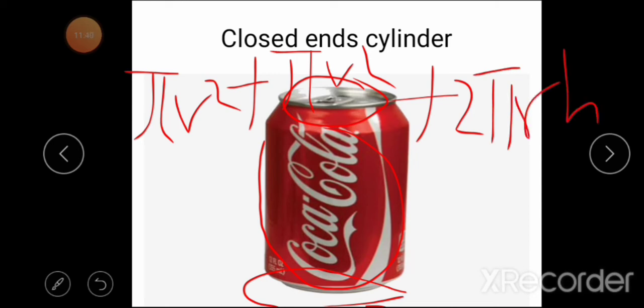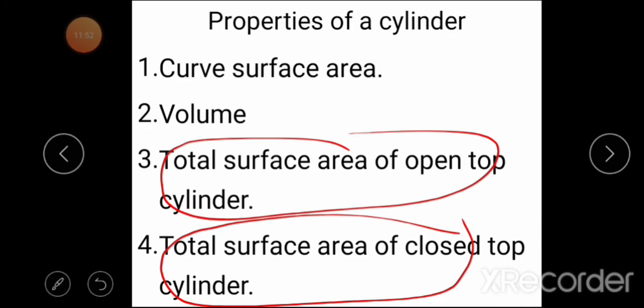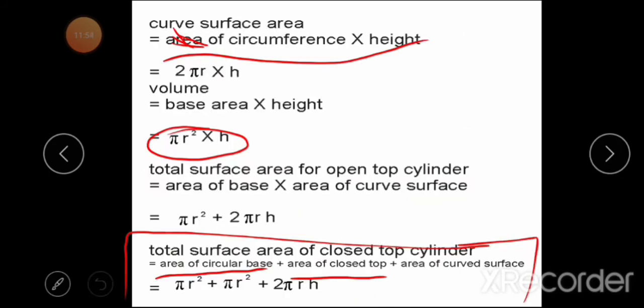So this is the formula for the closed top cylinder, as shown on your screen.